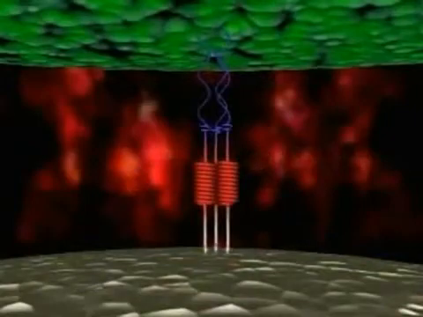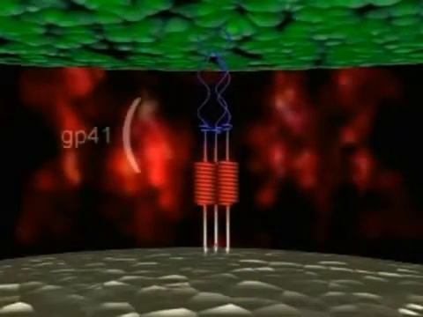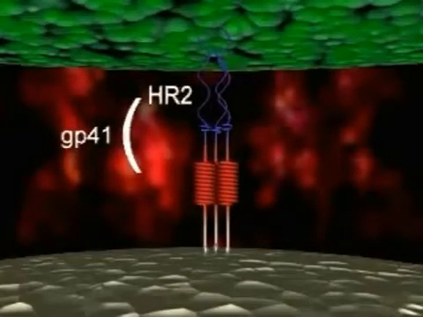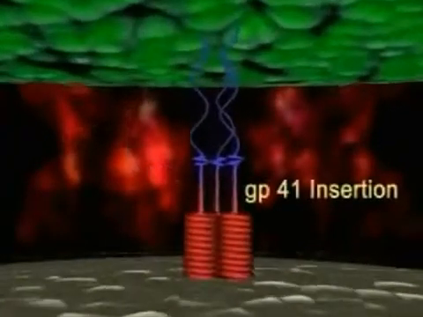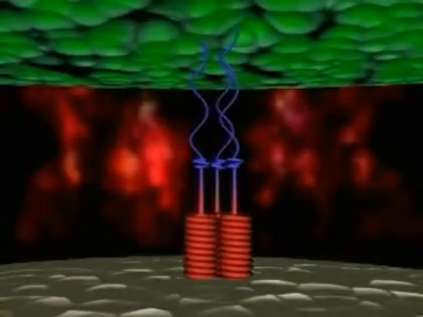The third and final step preceding HIV cell entry is called fusion and is mediated by GP41. GP41 contains two heptad repeat domains, HR2 and HR1. Current models suggest that as GP41 is released from GP120, the hydrophobic terminus of GP41 embeds itself in the cell membrane.